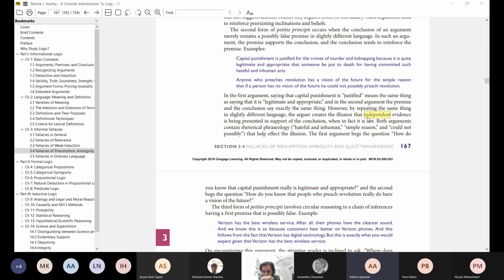So while the premise does imply the conclusion, the very thing the argument is based on is the premise, whether it is legitimate and appropriate that somebody should be put to death for committing a hateful and inhuman act. This is what we are arguing about, and that's why it is incorrect to use this argument. But because this premise just supports the conclusion, it is logically correct.